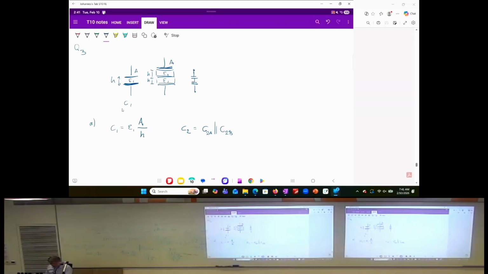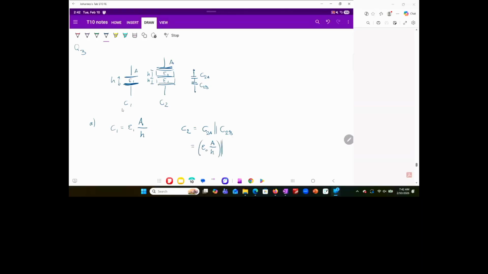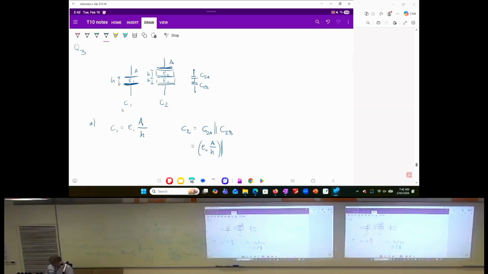This is your capacitor C2, and you can split it up into a capacitor C2A and C2B. That would be epsilon naught times A over H, the capacitor C2A, and you want to have it in parallel now with the, sorry, you don't want to have it in parallel, you want to have it in series. I'm using the wrong notation. And you take this one in series with the second one.